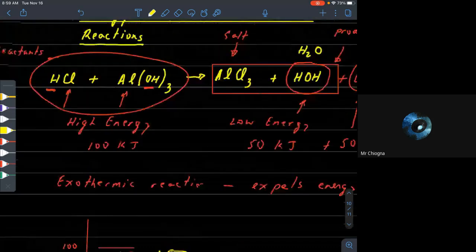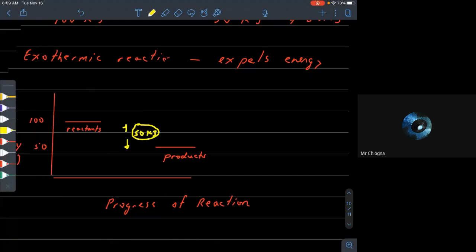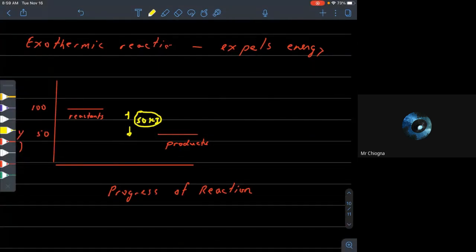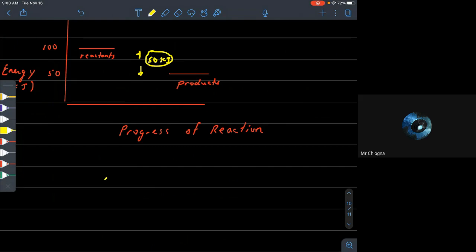That's this here. So the difference is called the overall energy change.